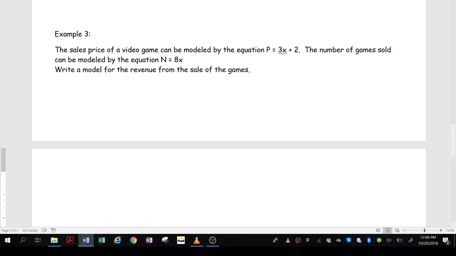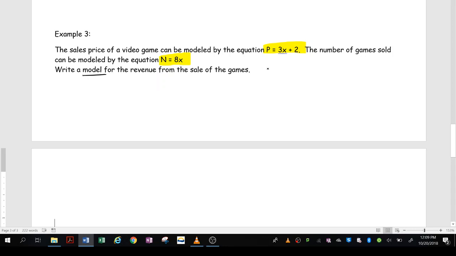So that's the price, the sales price. The number of games sold can be modeled by the equation N equal to 8x. Then the question asks you to write a model for the revenue from the sale of the games. So a model meaning an equation.